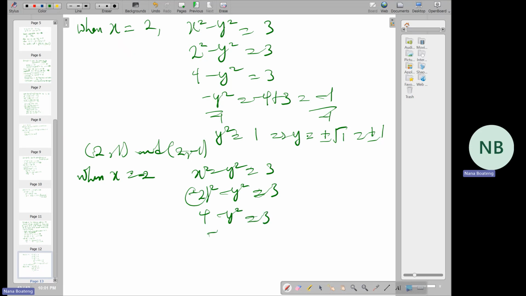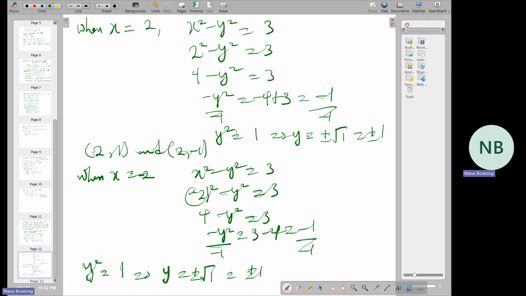So that means minus y squared is equal to 3 minus 4, which is equal to negative 1. And if we divide both sides by negative 1, we have y squared is equal to 1, which implies if we take square root on both sides, y will be equal to plus or minus square root of 1, which is equal to plus or minus 1.